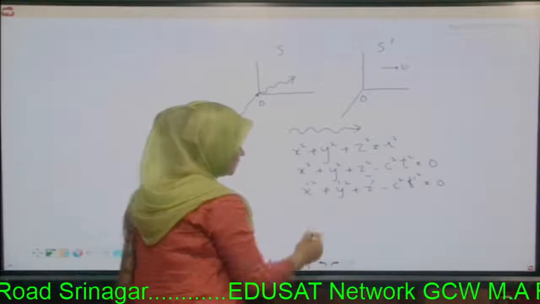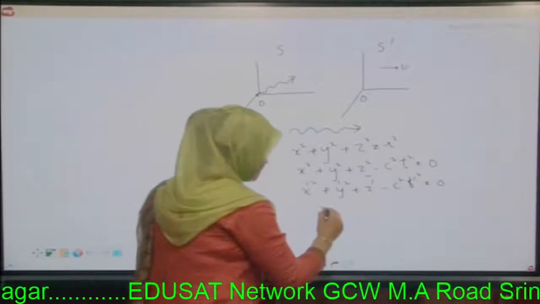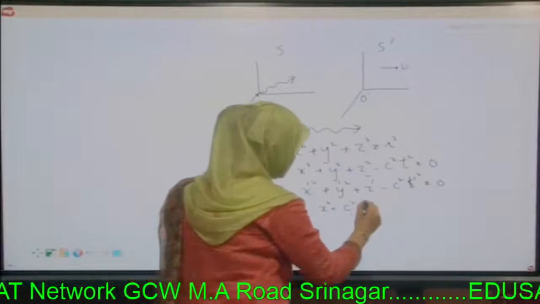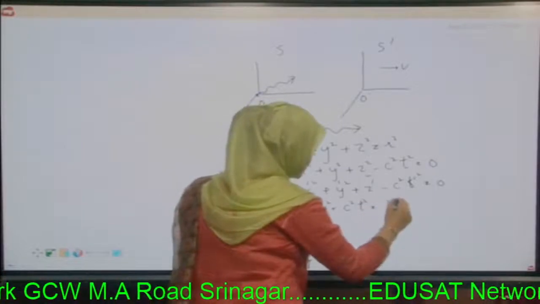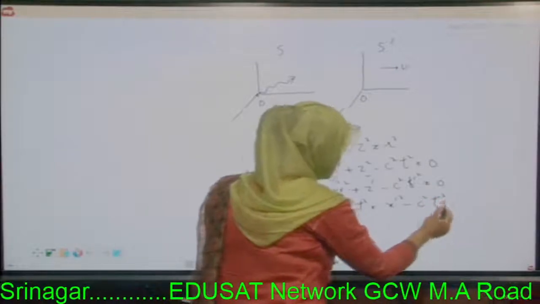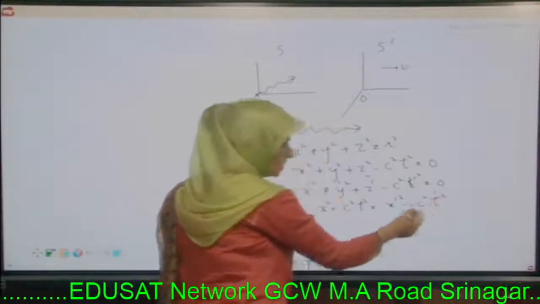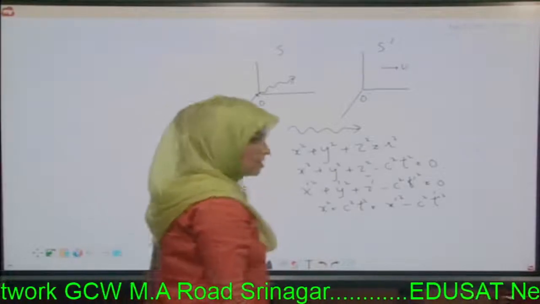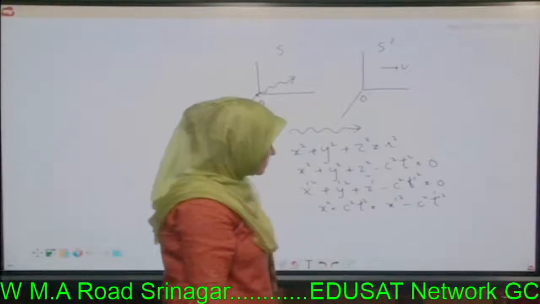So we are essentially left with x square minus c square t square equal to x dash square minus c square t dash square. So we can also cancel out this factor because t and t dash we assume that they are identical, which they are not, which we will prove in a while from now.